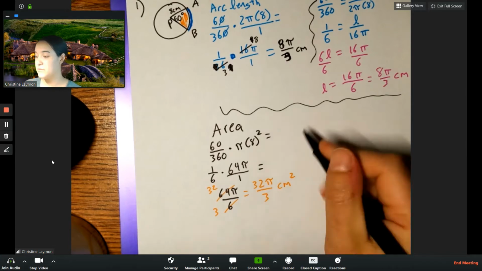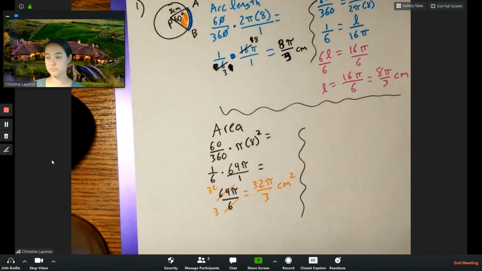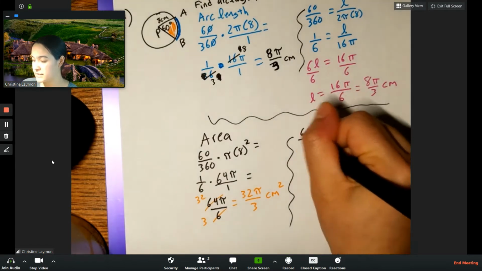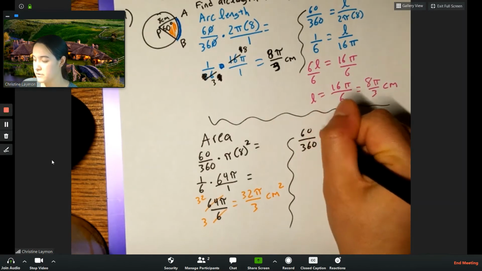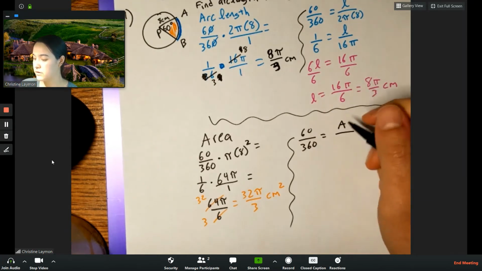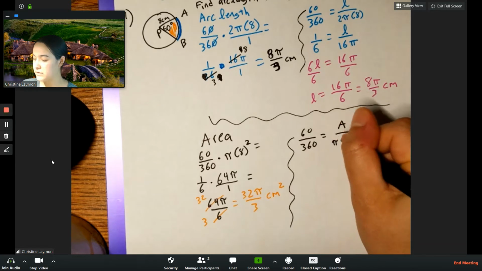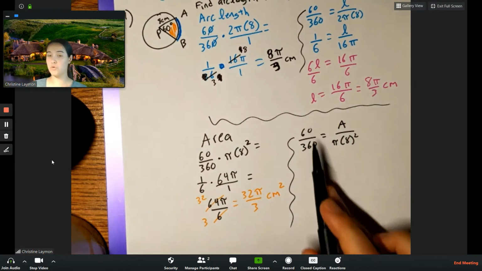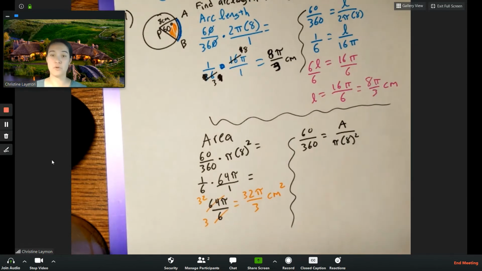I can do the same thing using the ratio method. So my ratio would be 60 over 360 equals the area of the sector over pi r squared. So part over whole equals part over whole.